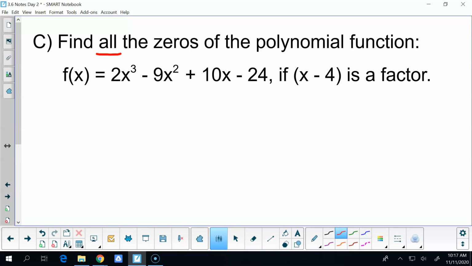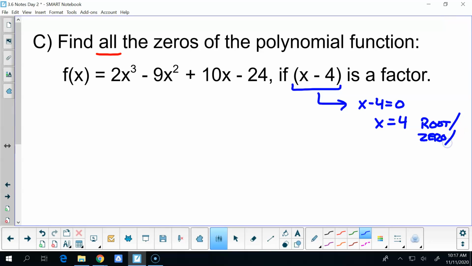If x minus 4 is a factor, then x minus 4 equals 0. x equals 4 is a root, or a zero, or a solution, or an answer.